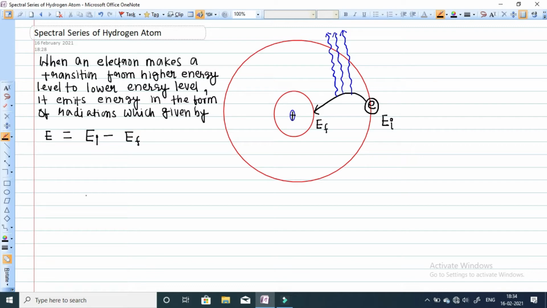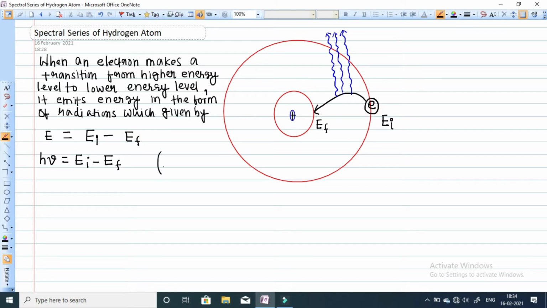The energy emitted in the form of radiation will be in the form of a photon, and we know the energy carried by one photon is h nu. So E can be written as h nu, which equals E initial minus E final. This is the difference of two energy states.